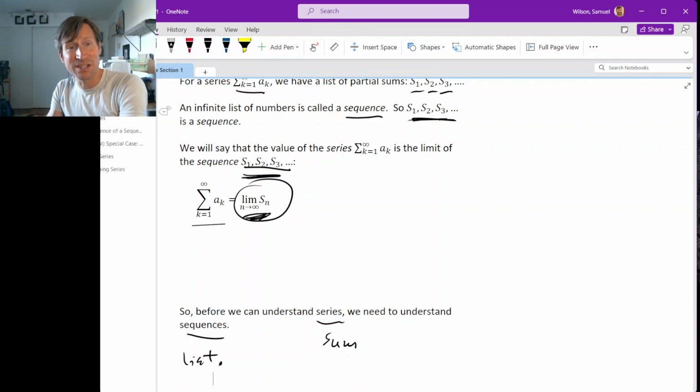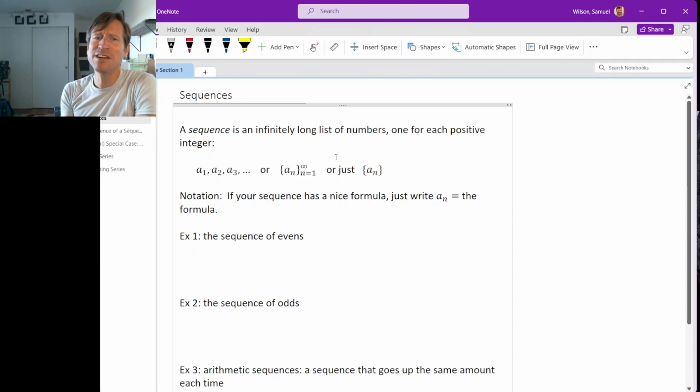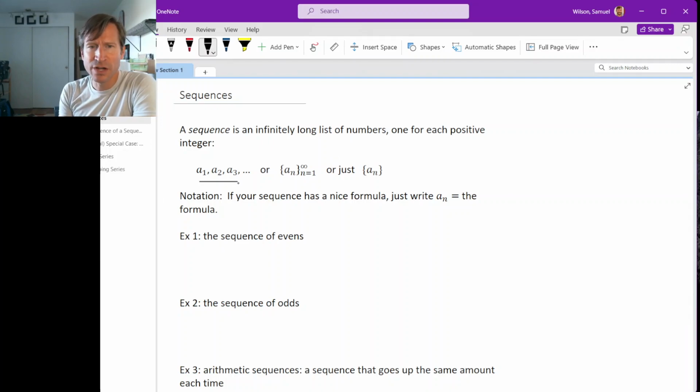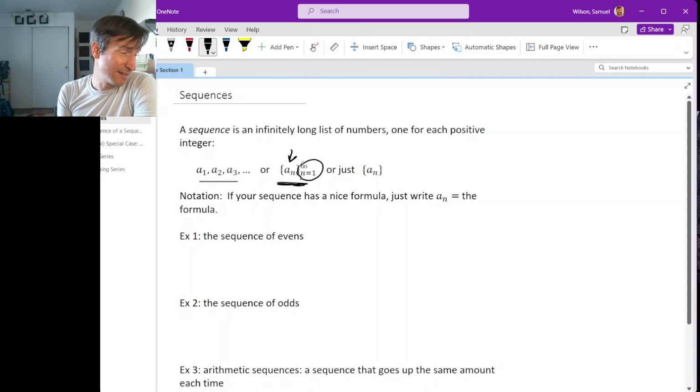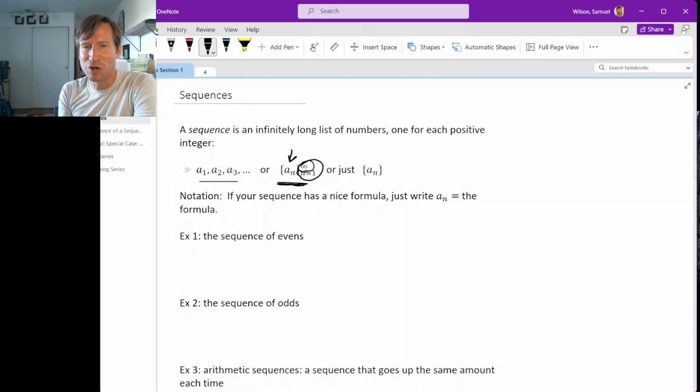Okay, so let's think about sequences. A sequence is an infinitely long list of numbers. If we want to write it compactly, we'll use this notation: if your sequence follows a pattern, you can put the pattern in these brackets, and then the stuff outside the brackets tells you what values of n produce terms in your sequence. Our sequences will always go out to infinity.